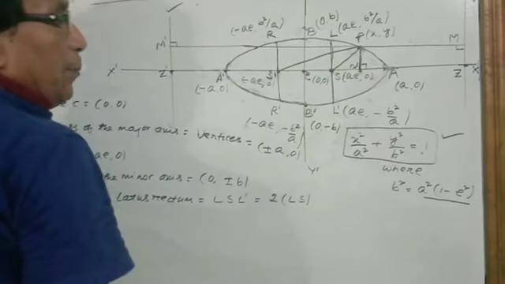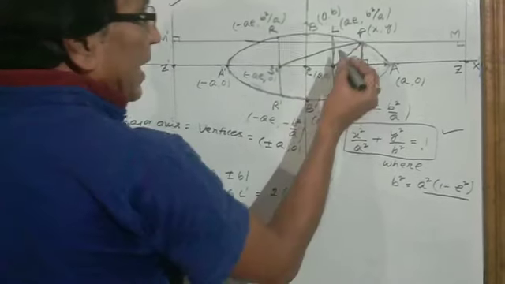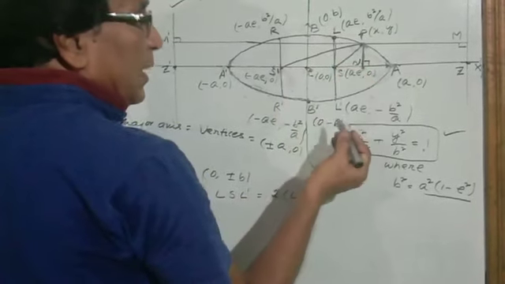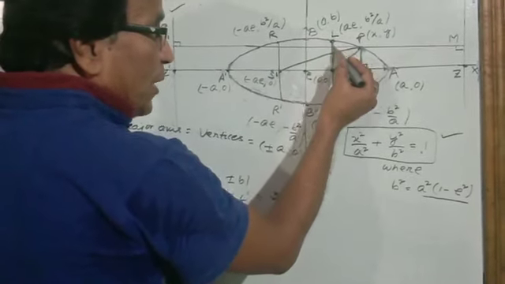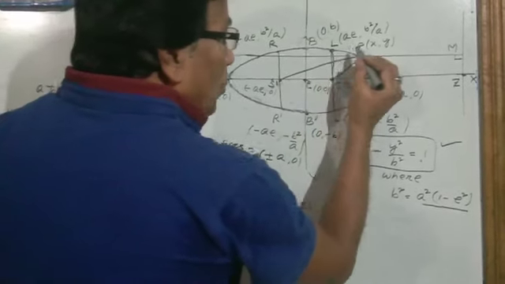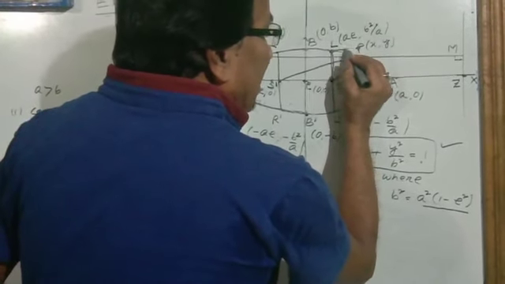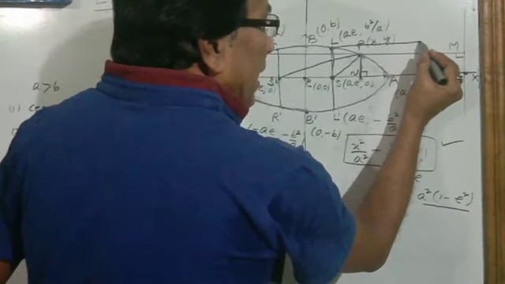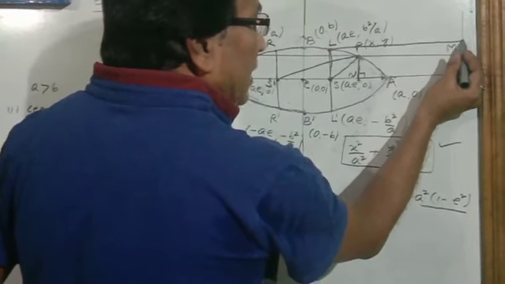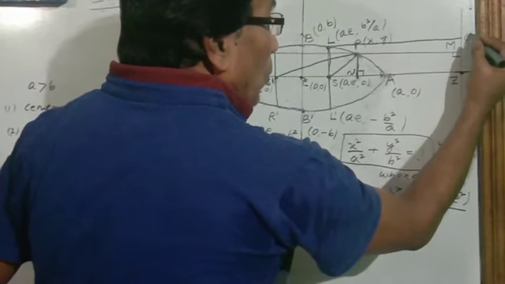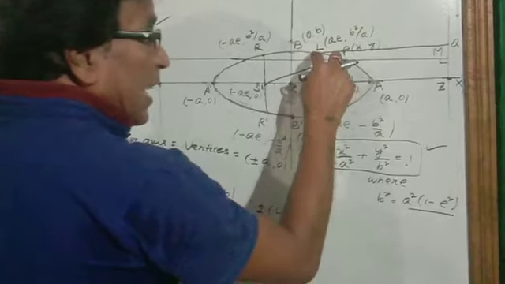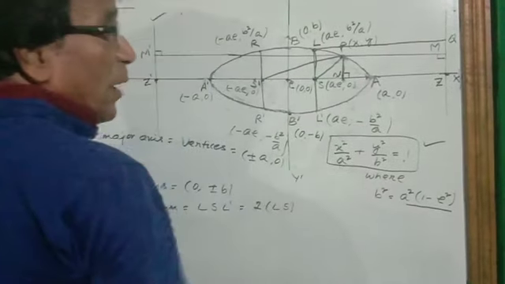Here you see that if we take any point L on the ellipse, then its distance to the focus, by its perpendicular distance upon the directrix LQ, LS by LQ must be equal to e.